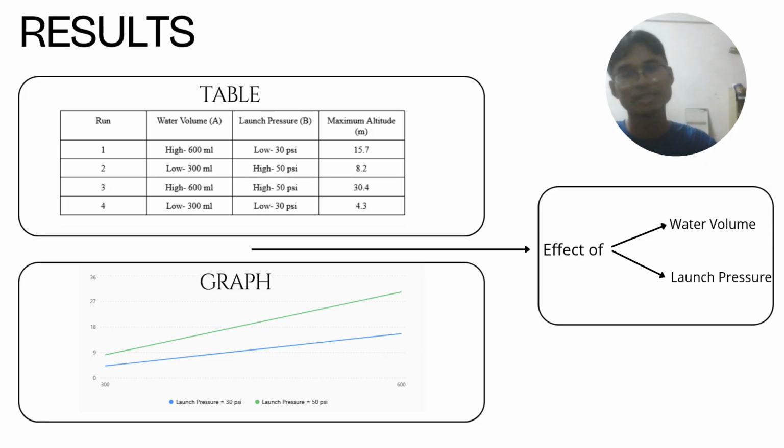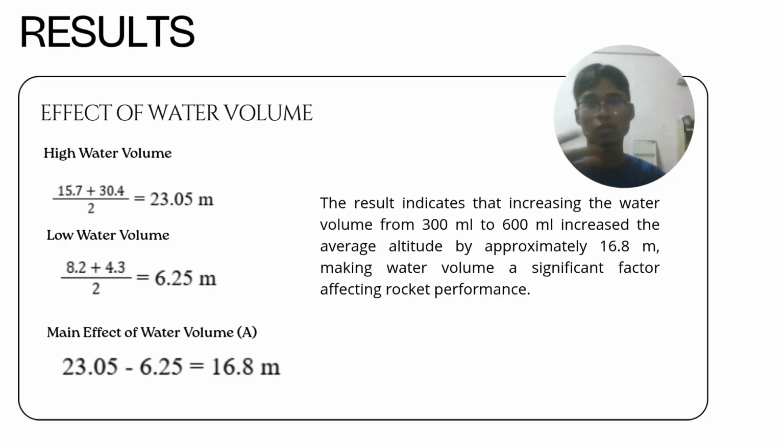You might ask, what is this affecting? For the water volume, it is affected by the low and high water volume. You can see we have done the calculation: 23.05 meter minus 6.25 meter, we get 16.8 meter.